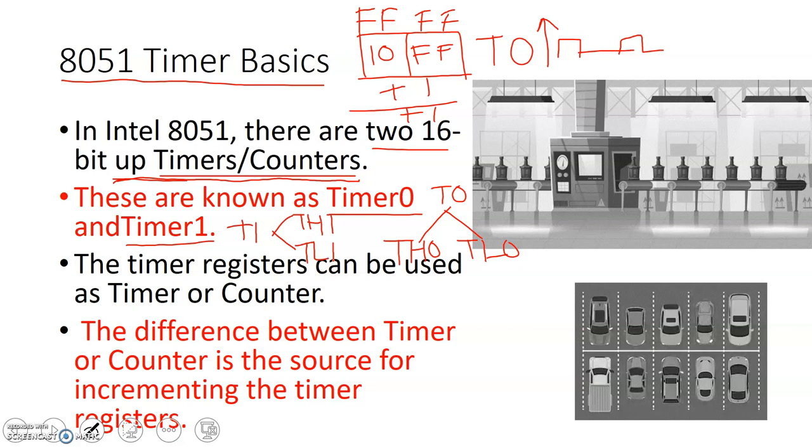We know that we have 8-bit registers in 8051, so two registers have to be combined, and they are used as 16-bit registers.